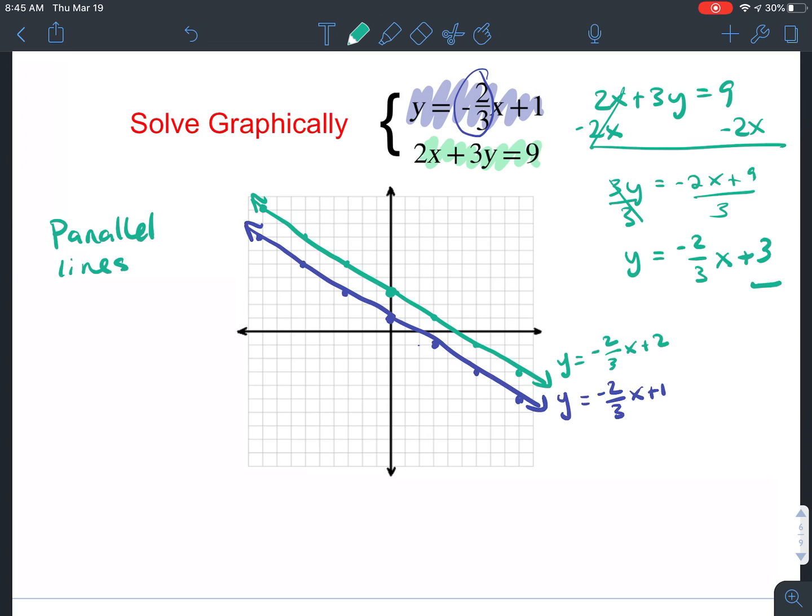And what we know about parallel lines is they have the same slope and different y-intercepts. So let's see if that is true. Do we have the same slope? Well, they both have the slope negative 2/3. Excellent. Do they have different y-intercepts? 3 and 1 are definitely different.